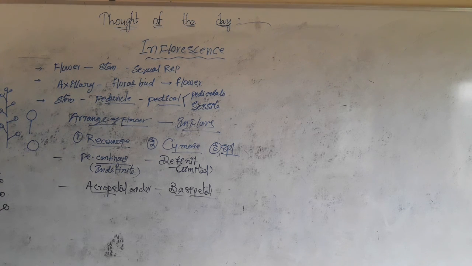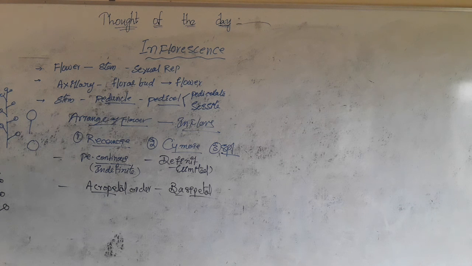Now it produces some branches, and these branches also produce flowers. Some branches are produced from the base of the first formed flower. These branches also terminate in younger flowers. So now, where is the first formed, older flower? At the top.